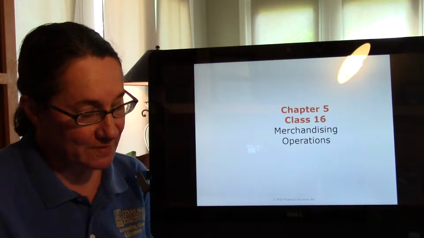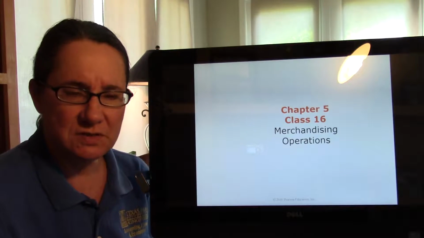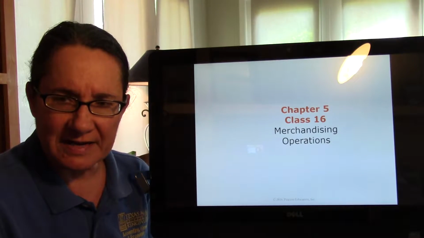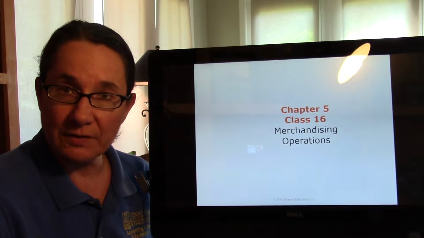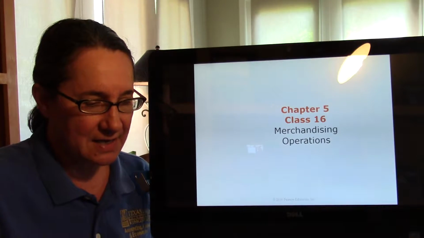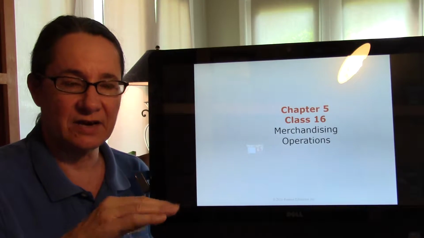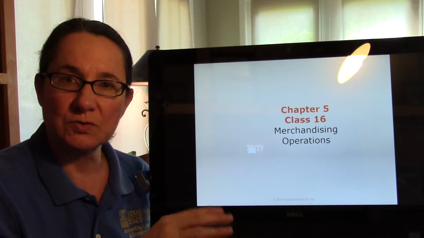So we're moving on with merchandising operations, which means retail stores. And up to this point we've learned the accounting cycle, and really that's the basis for everything we're going to do for the rest of the class. So all we'll be doing from now on really is just adding little portions here and there. For example, we'll add some new calculations for a store that's a retailer.